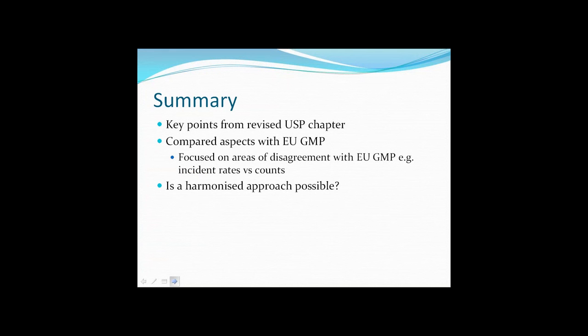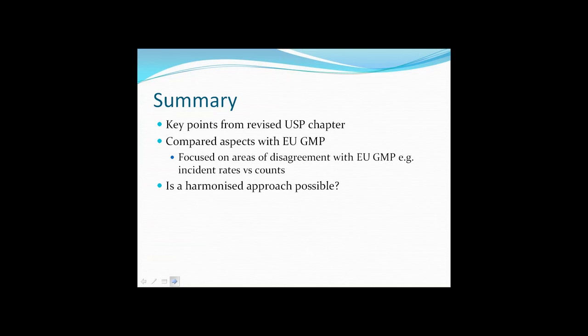So this presentation is now drawing to a close. Just to reiterate the main points from today: what I've tried to do is to cover the main points from the revised USP chapter, to take those key elements and offer, where appropriate, a comparison to EU GMP Annex 1, and to pick up areas that I would hesitate to call disagreement, but might cause some confusion between regulators from different agencies in terms of data interpretation.